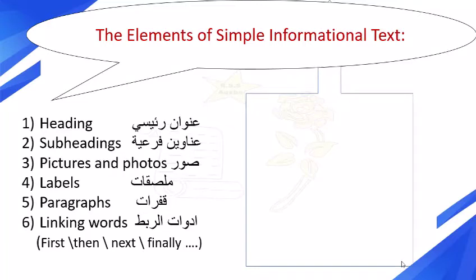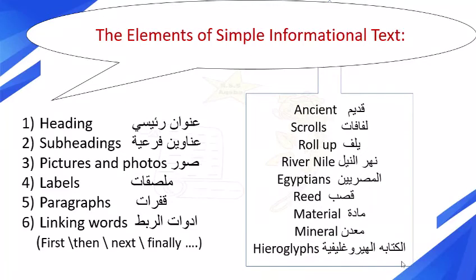Now, before applying these elements on our texts, you must memorize these words in Arabic also. Look at these words. They are very important. You have to memorize them. Number 1, ancient. Look at the sound cha here, ancient. 2, scrolls.